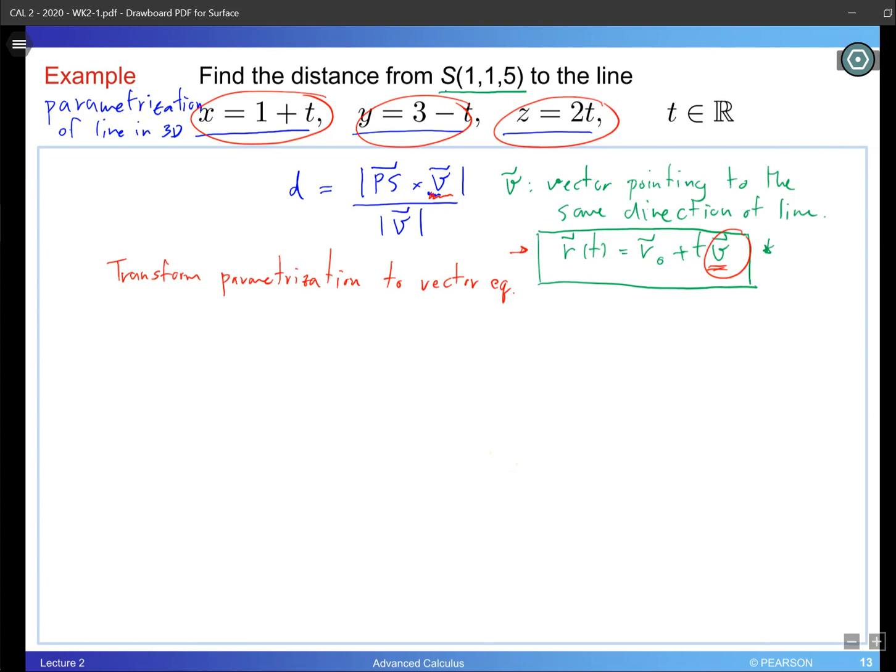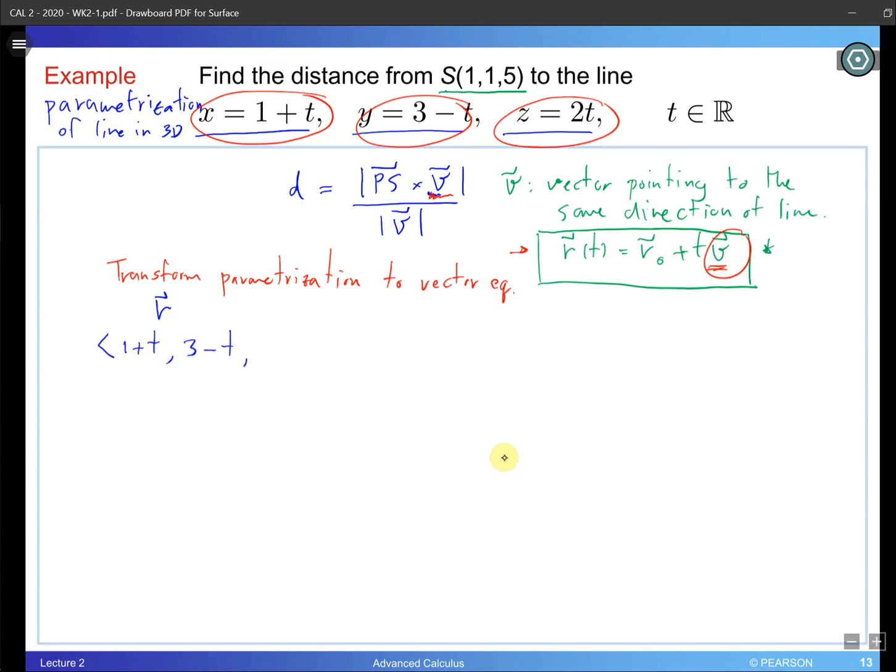So for parametrization to vector equation, I am going to combine all the components together, x, y, and z. What you see above is for the vector r. So vector r is going to be the x component of what we have above, which is 1 plus t. The second component would be y, and that is 3 minus t.